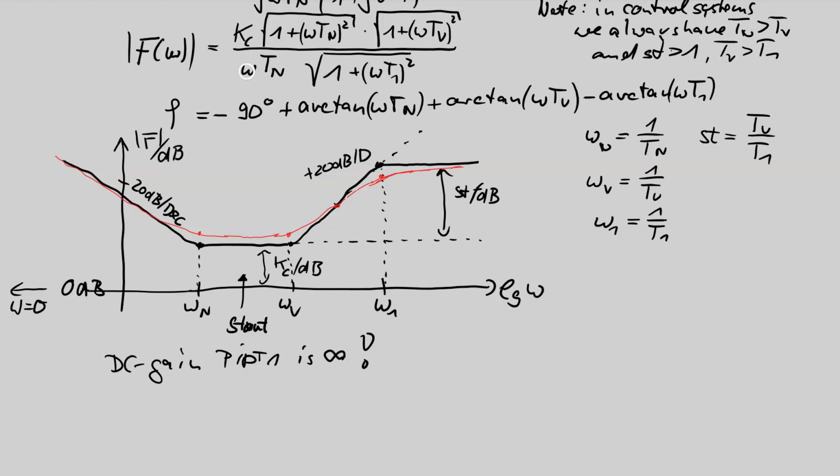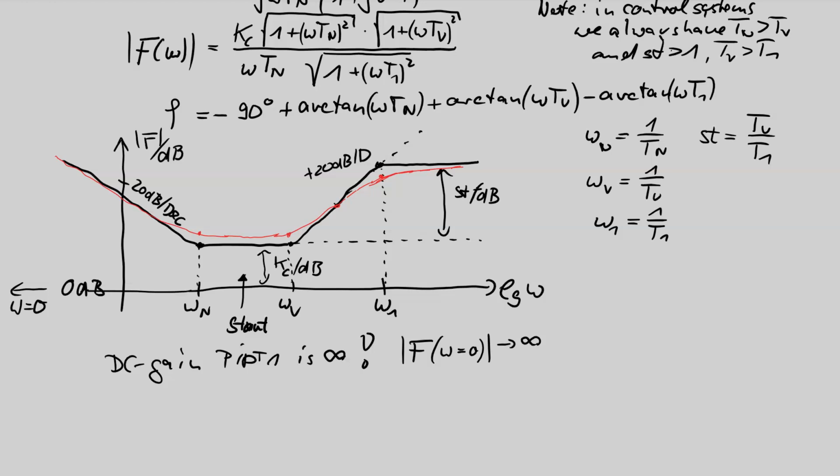But here we divide by omega 0, and then the magnitude goes to infinity. So the magnitude of F at omega 0 goes to infinity. That is the DC gain. We have a very large DC gain.